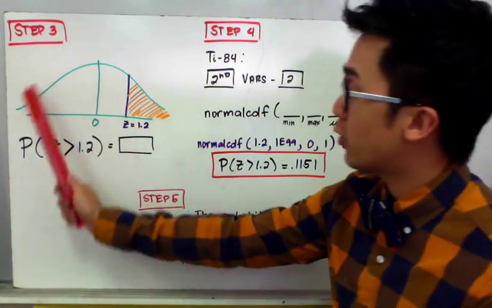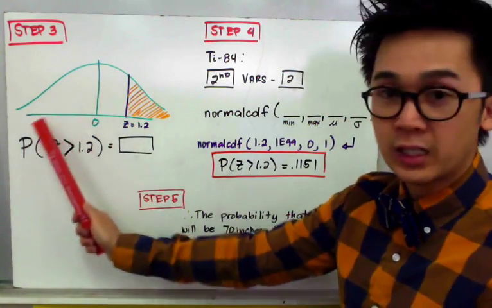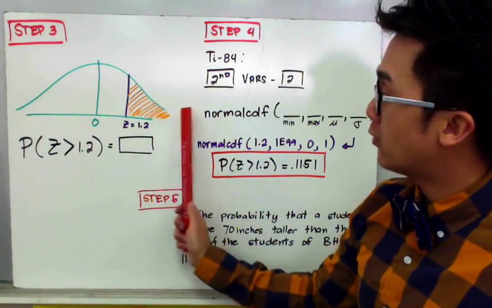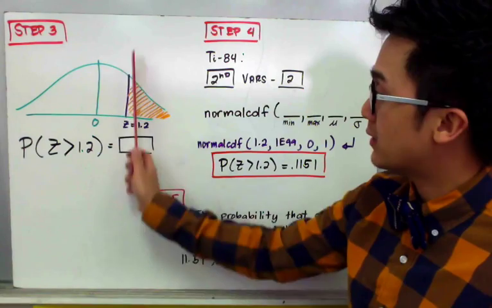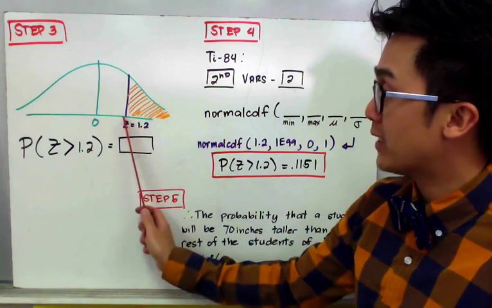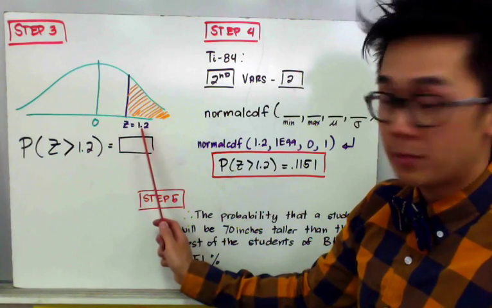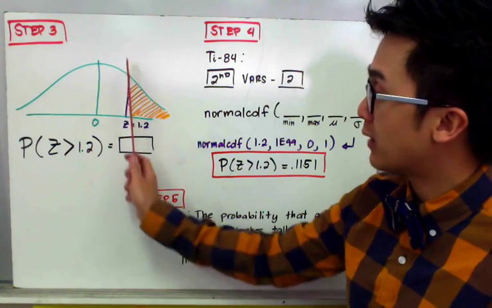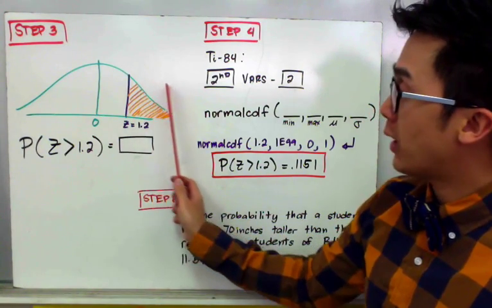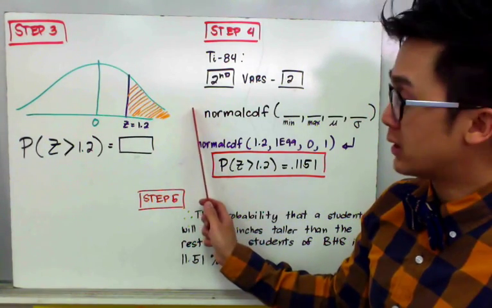Looking at your density curve, this is the area under the curve, and the minimum value is this line in our normal distribution, represented by 1.2. So we will start at this line, or the wall, at 1.2 all the way to positive infinity.